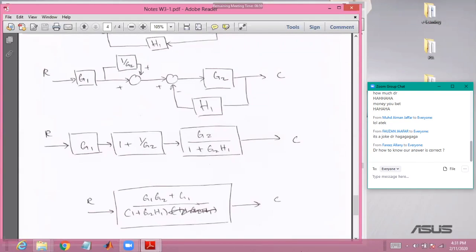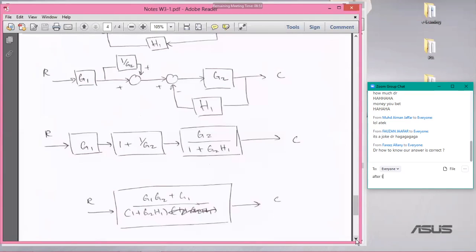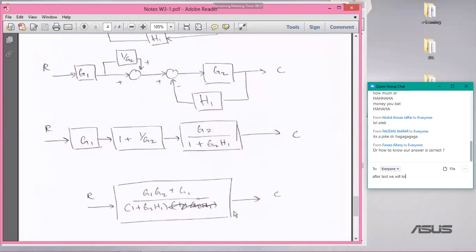Doctor, how to know your answer is correct or not? What do you mean how to know your answer is correct or not? Of course it's going to be correct. It is like doing algebra. Let's say 2x plus y equals 3, x plus 3 equals negative 5. When you solve it, of course you're going to know it's going to be correct.